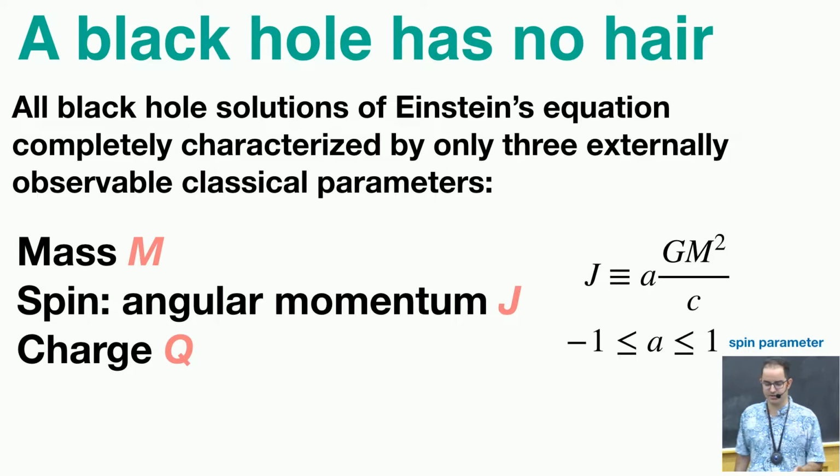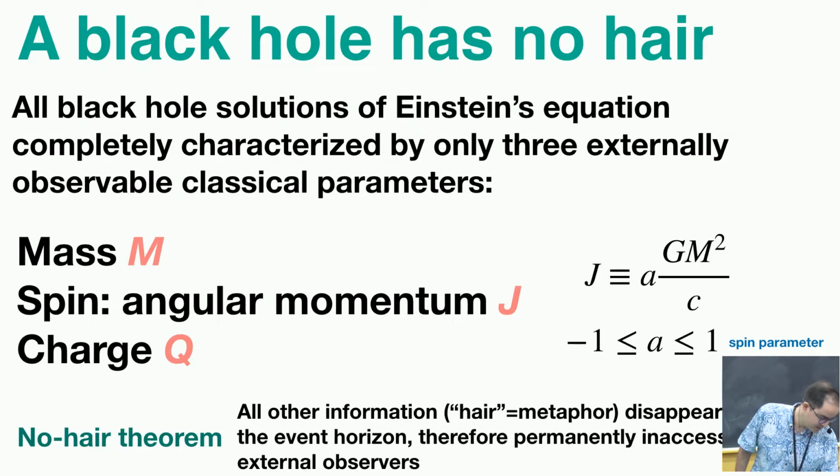We characterize the so-called spin parameter of Kerr black holes between -1 and 1. The no-hair theorem assures that if you try to add extra properties to the event horizon, in other words, if you try to add hair, the black hole will get rid of the hair, keeping the exterior geometry characterized by only these 3 numbers.